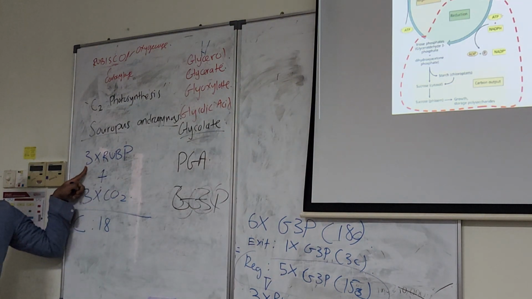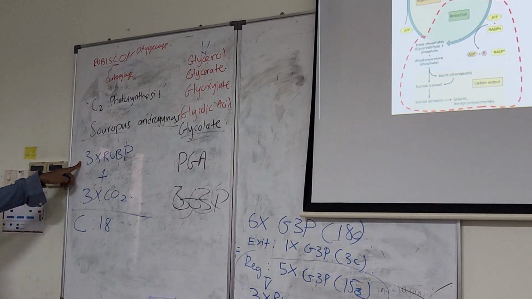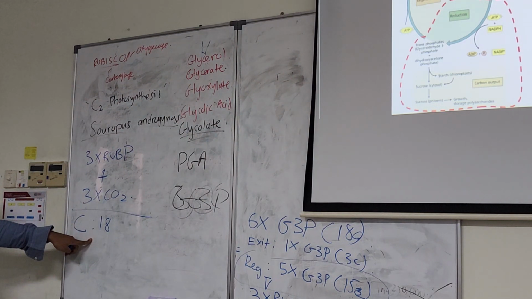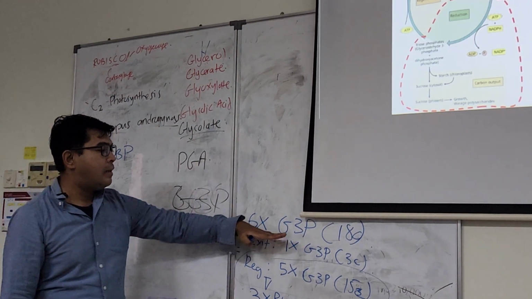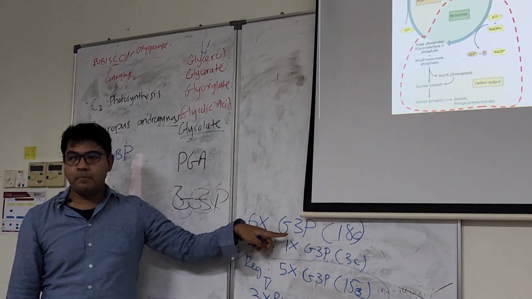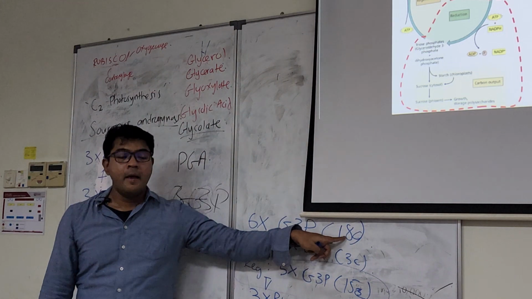Oh, see, you start with 3 again. Can you see the magic here? It starts as 3 RuBP, reacts with 3 carbon dioxide. The total is 18 carbon. At the end of the reduction, it is left with 6 molecules of G3P with the total of 18 carbon, right?